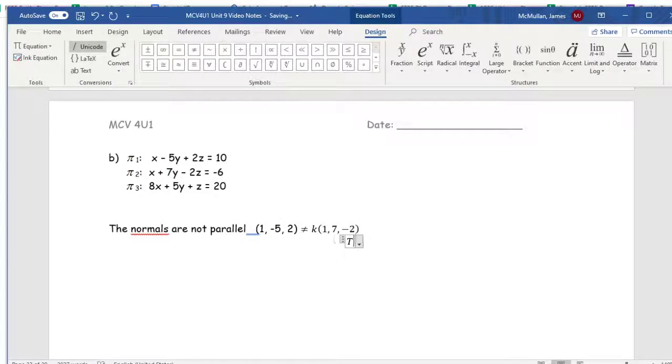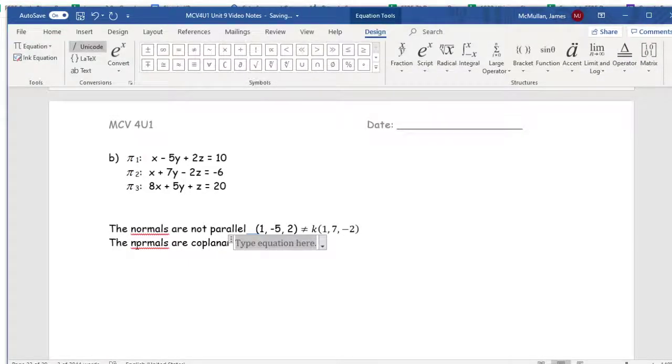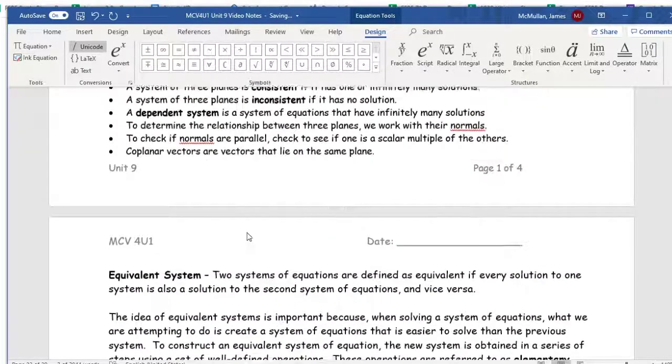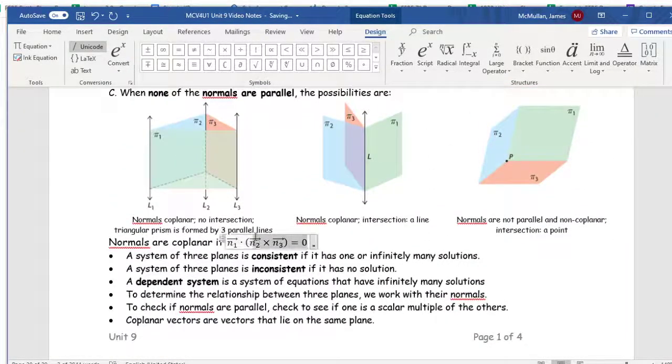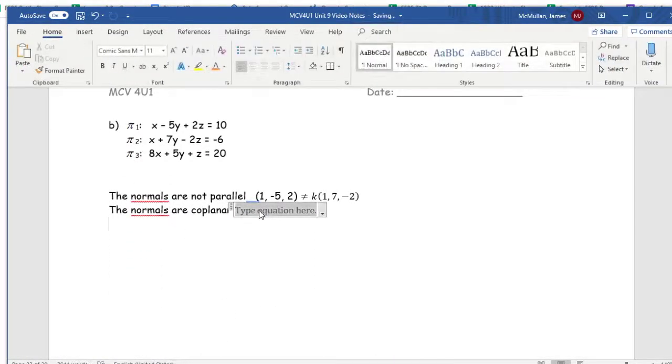Okay, the normals are coplanar. And again, I found that out because I crossed N2 with N3, and I determined that that cross product dotted with the other normal gave me 0.